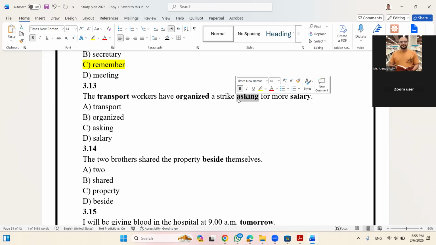I know this is not easy, but actually, demand here is a little bit using force. When you use force to get something, like a strike, we say demand.